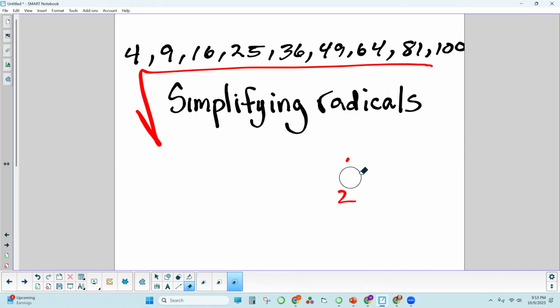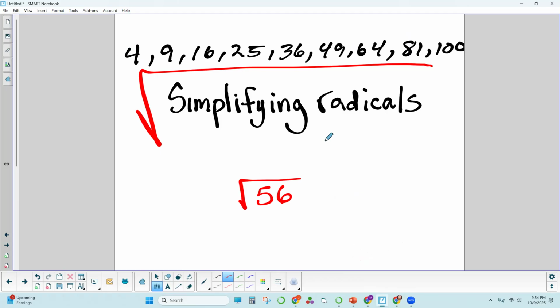How about the square root of 56? Now, if you want to try this one on your own, pause the video and give it a shot. Okay, so the square root of 56, as I look up there on my list, the largest factor, surprisingly, is 4. There's nothing bigger than 4.